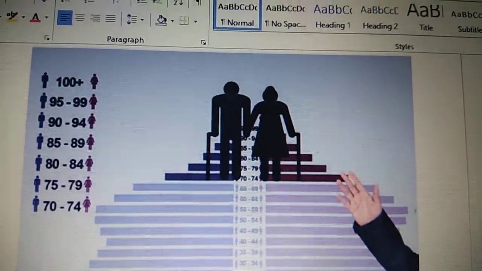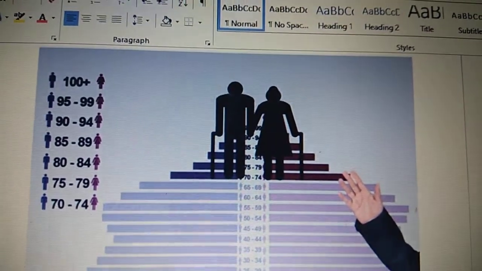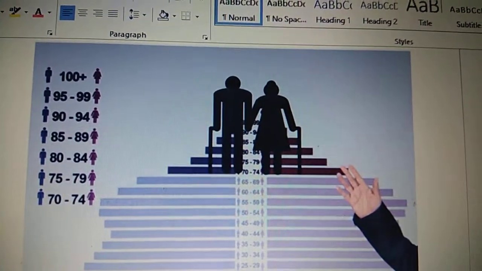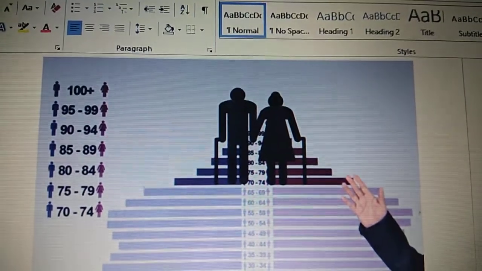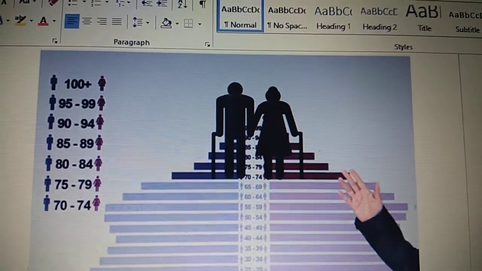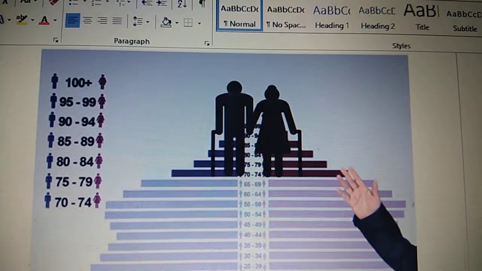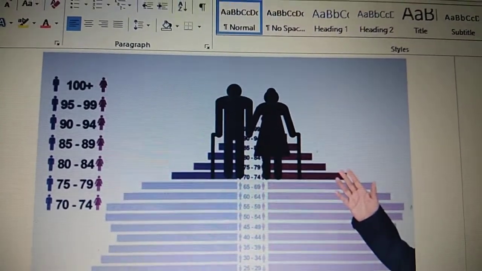Children, the number of aged people in the country are shown at the top of the graph, which reflects the number of deaths. Okay, so you can see from 70 to 100 plus, they are considered the aged population of the country.